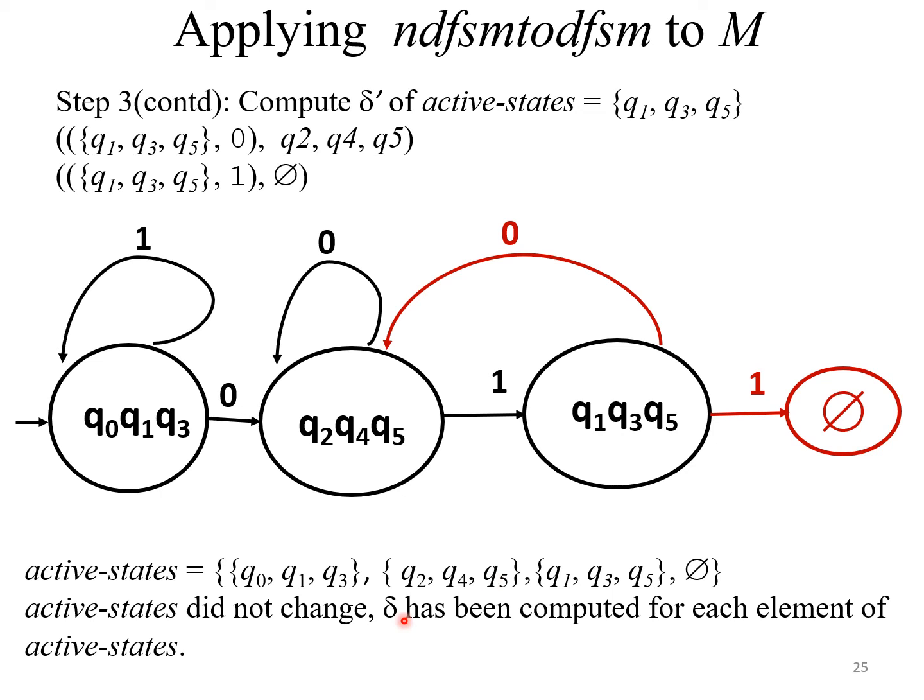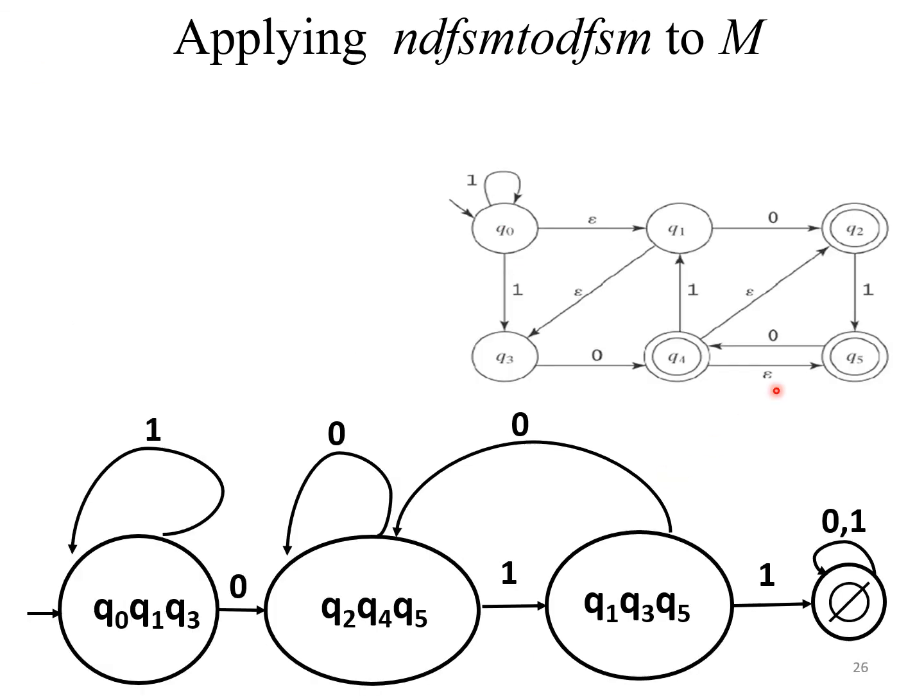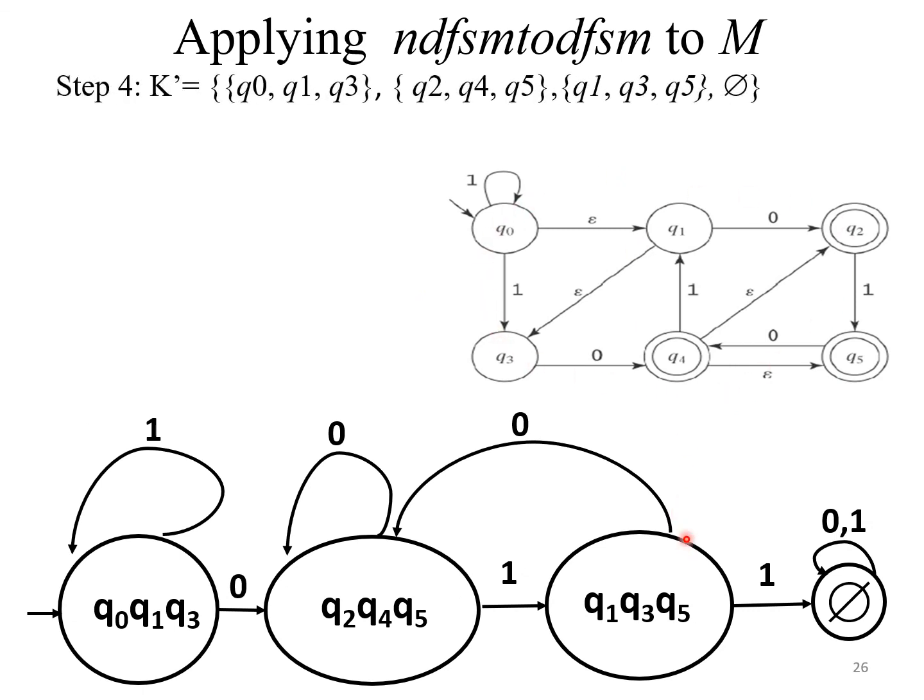By now the active states did not change, and the delta has been computed for each element of the active states. So from the given NDFSM, this is the DFSM obtained with the states q0, q1, q3, q2, q4, q5, q1, q3, q5, and null state, wherein q0, q1, q3 is the initial state.